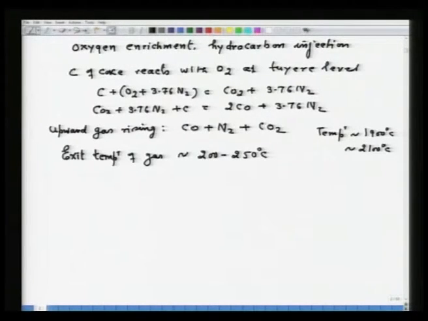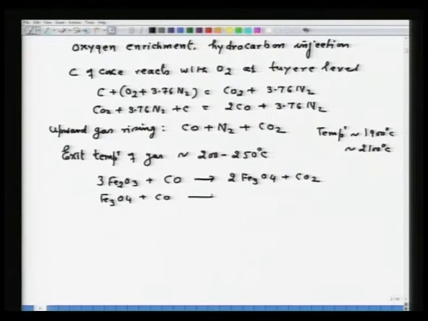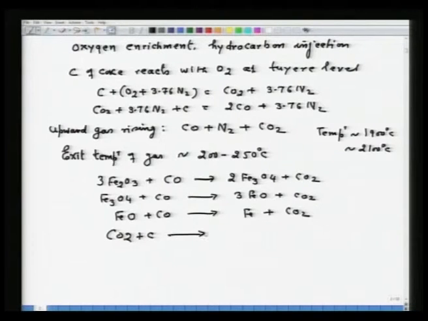As the gas is rising upward, what happens? The reaction between Fe2O3, say 3 Fe2O3 plus CO, gives you 2 Fe3O4 plus CO2, then Fe3O4 plus CO gives you 3 FeO plus CO2, then FeO plus CO gives you Fe plus CO2, and this reaction CO2 plus C gives you 2CO.